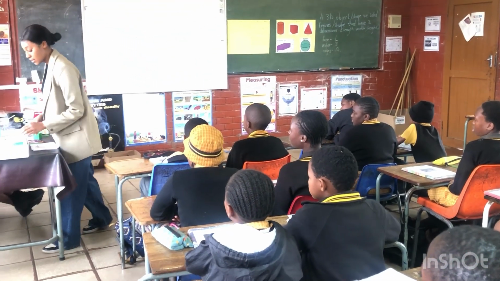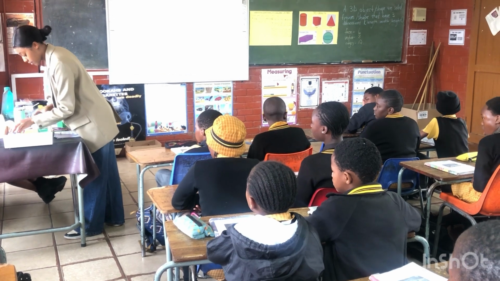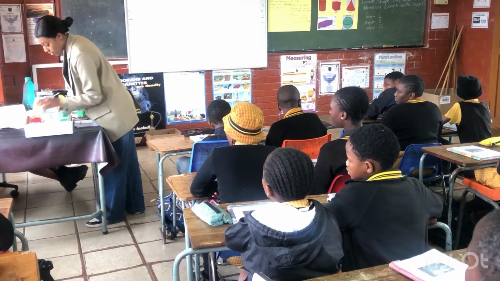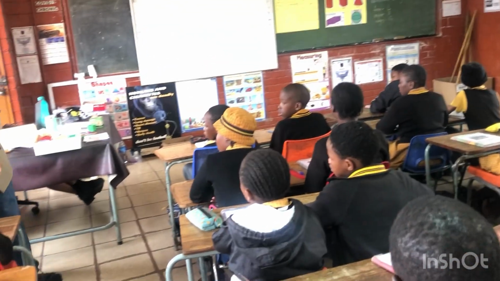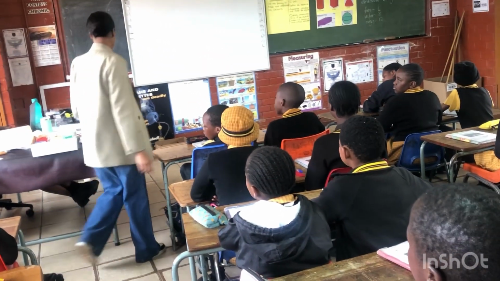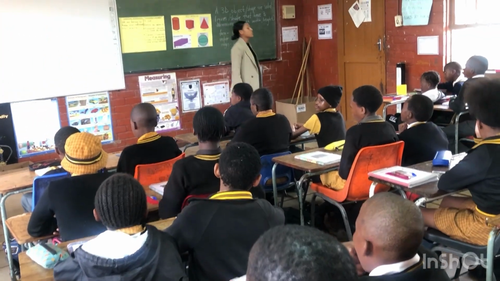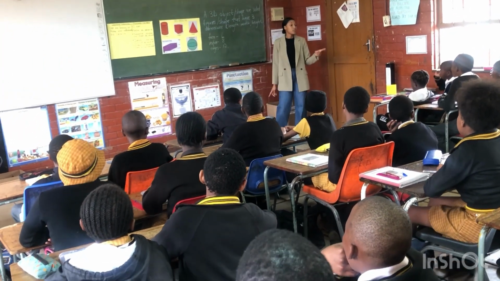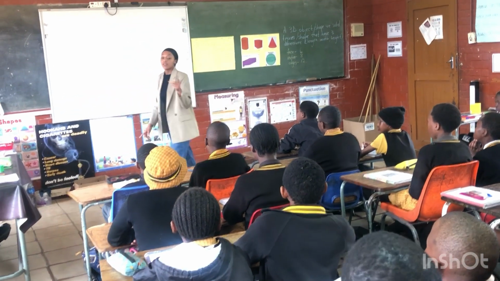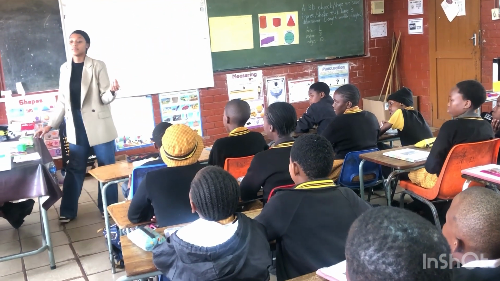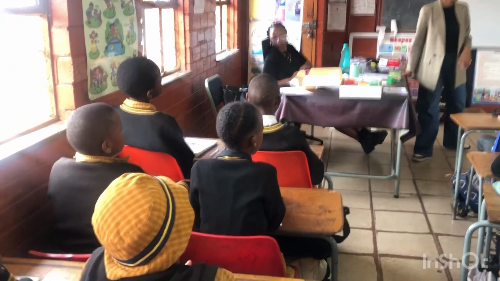And then this is a triangular prism, because we don't have a sphere. So this group has cube. This group, rectangular prism. This group, cylinder. This group, triangular prism.